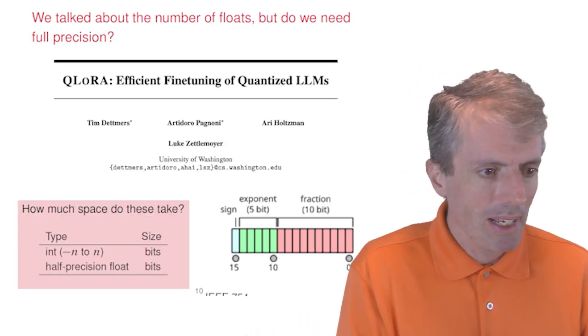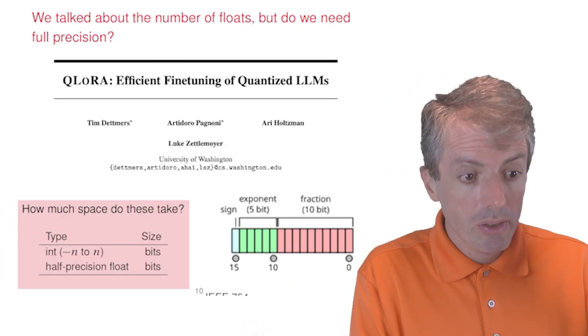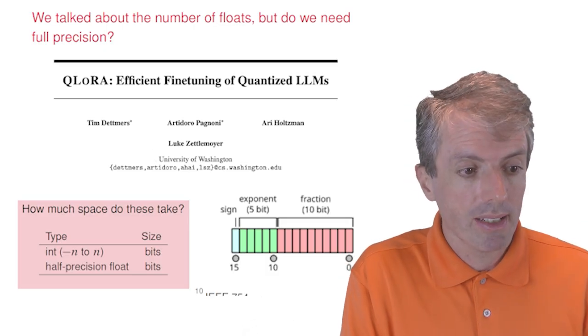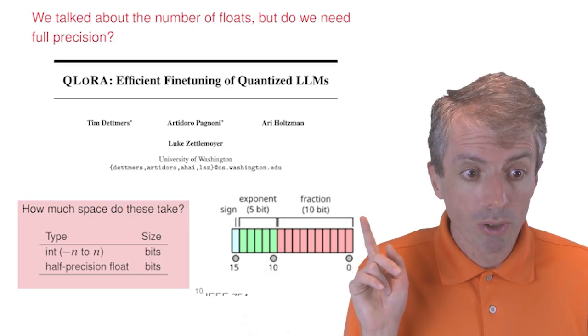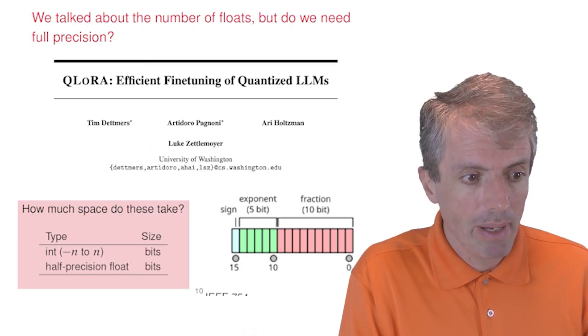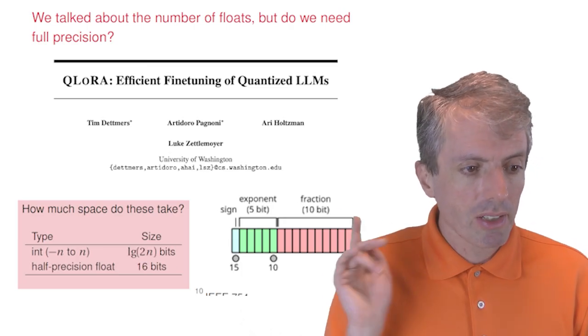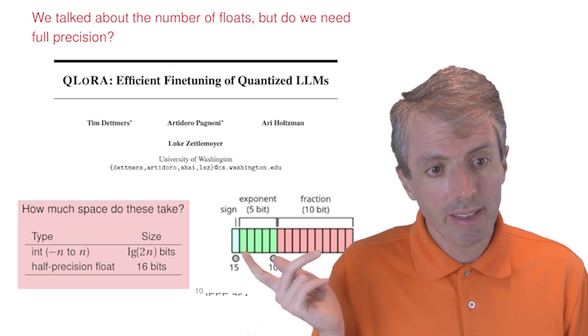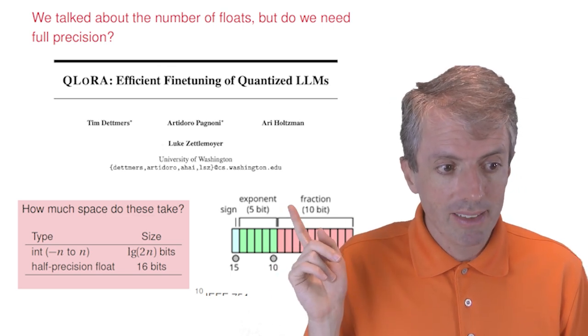This paper from Tim Dettmers et al. shows you can use the same tricks that we talked about for quantizing a whole model, by not using a full floating point representation for your adapters, but by using a much smaller number of bits to represent the adaptation weights as integers.